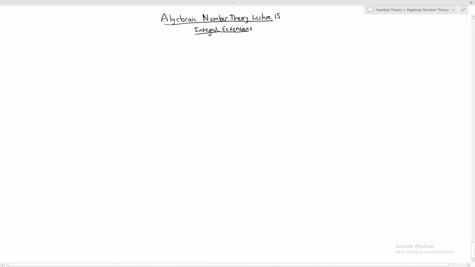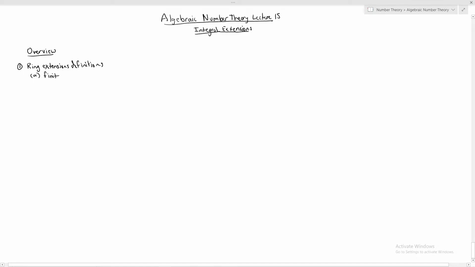Okay, so let me give you an overview of what the goals are in this lecture. The first thing I want to talk about are different ways you can describe extensions of rings, but more specifically integral domains. So ring extensions, definitions. There'll be three important ones for us.